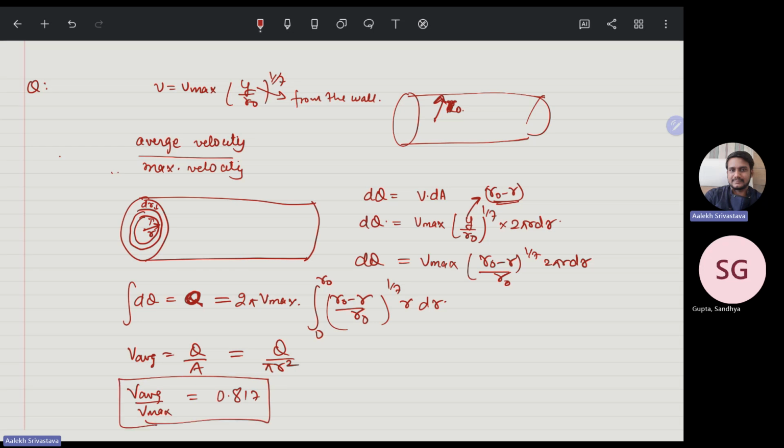This is for the turbulent flow. And if you remember, V average by V maximum for laminar flow in a pipe is around 0.5. So this is the answer. Now, moving to the next question.